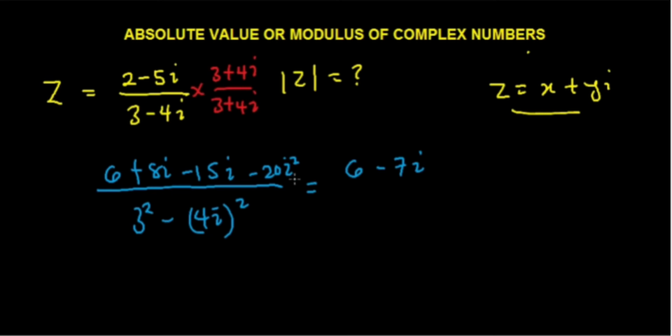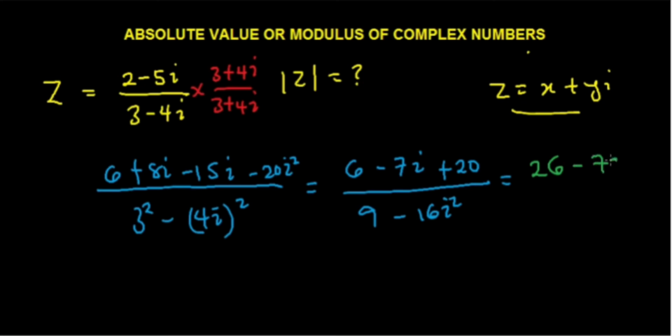Then don't forget i squared is minus 1, so minus 1 times minus 20 is plus 20. Over we have 9 minus 16i squared, which is 9 plus 16. So it is 26 minus 7i over 25.